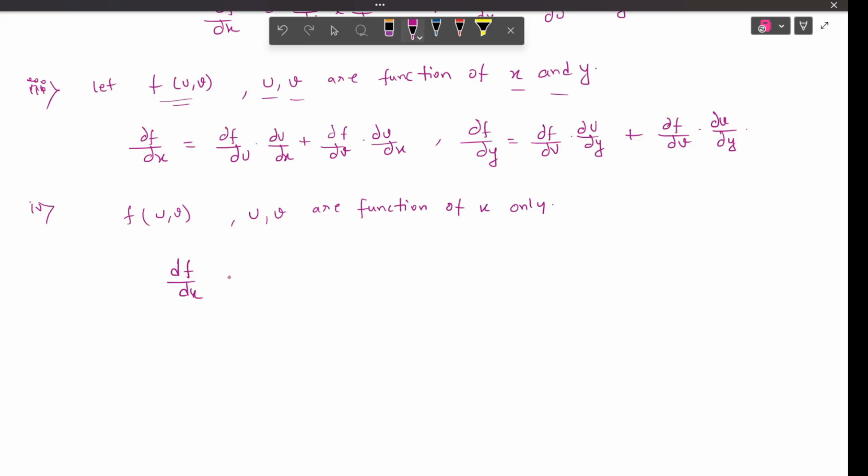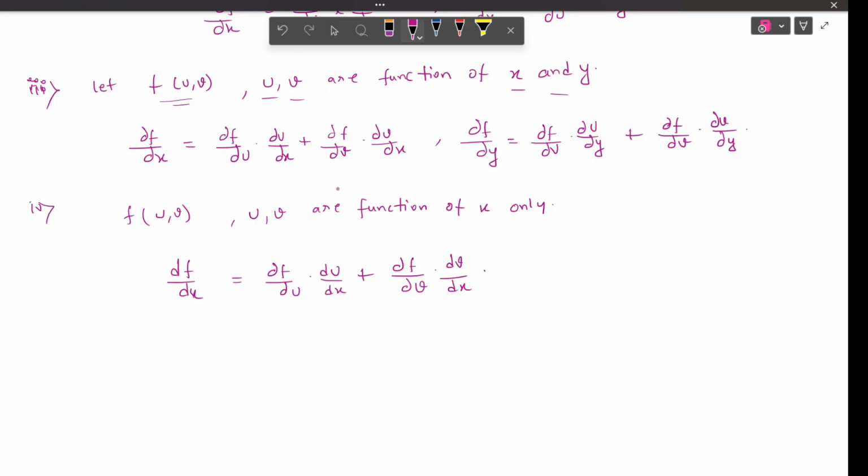So df by dx, we can write as delta f by delta u into du by dx, plus delta f upon delta v into dv by dx.